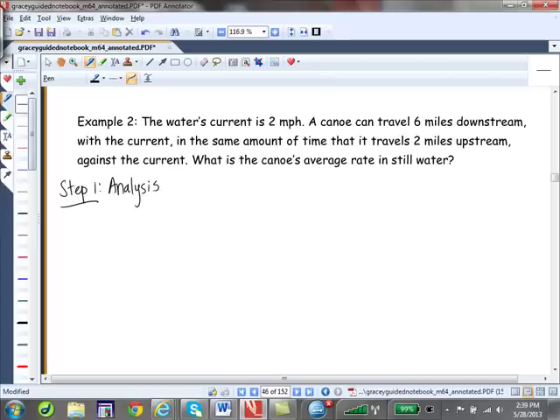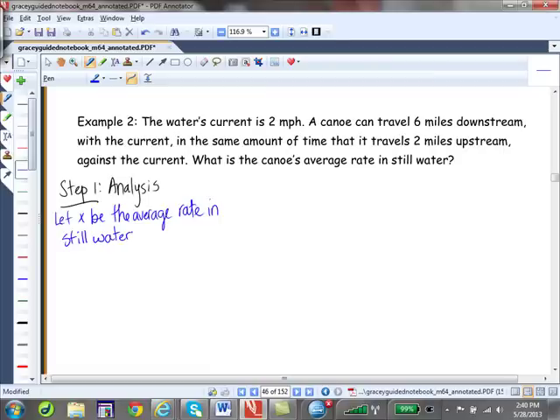All right, so let's do our analysis. So I'm going to look here at the last sentence to see what I need to find. I need to find the canoe's average rate in still water. So hey, let x be the average rate in still water. All right, so here we go.